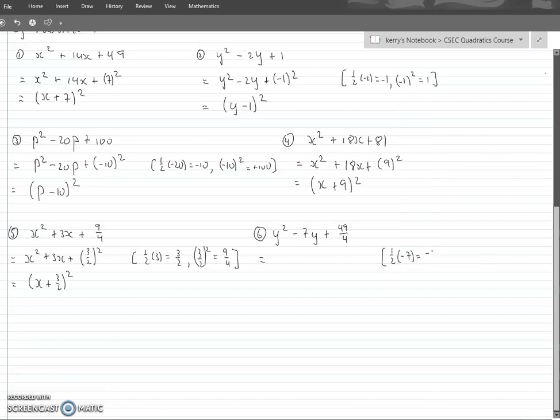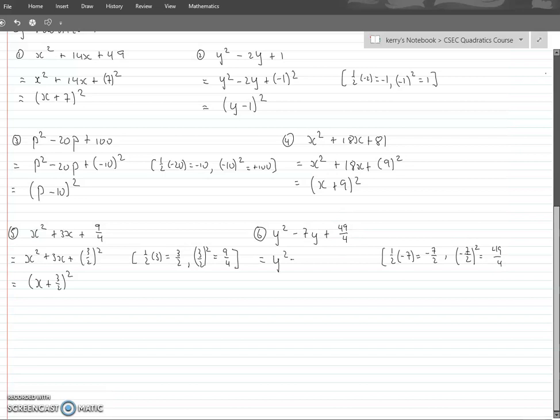I could rewrite this as minus 7 over 2. If you're not sure about how I got this, please ask me in the comment section. I will guide you to a video that shows you how to multiply a fraction by a whole number. And now when you square minus 7 over 2, what do you get? Minus 7 over 2 by minus 7 over 2 is 49 over 4, which is this number here.